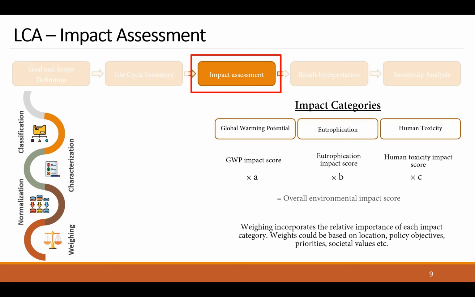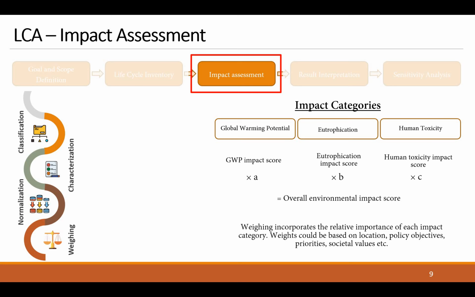Because of these values, sometimes we assign some weights to these impact scores, and those weights are considered in this weighing stage. And that's how we generate an overall environmental impact score. We can compare them against each other.